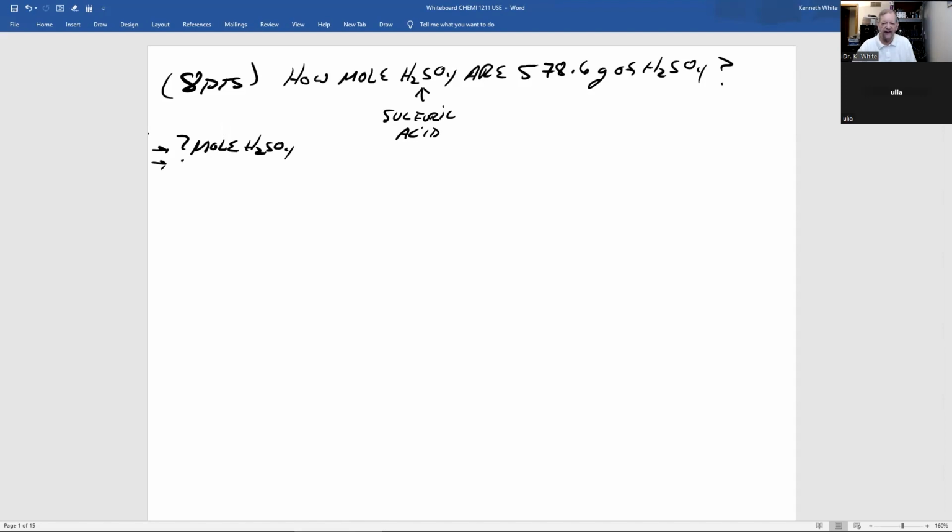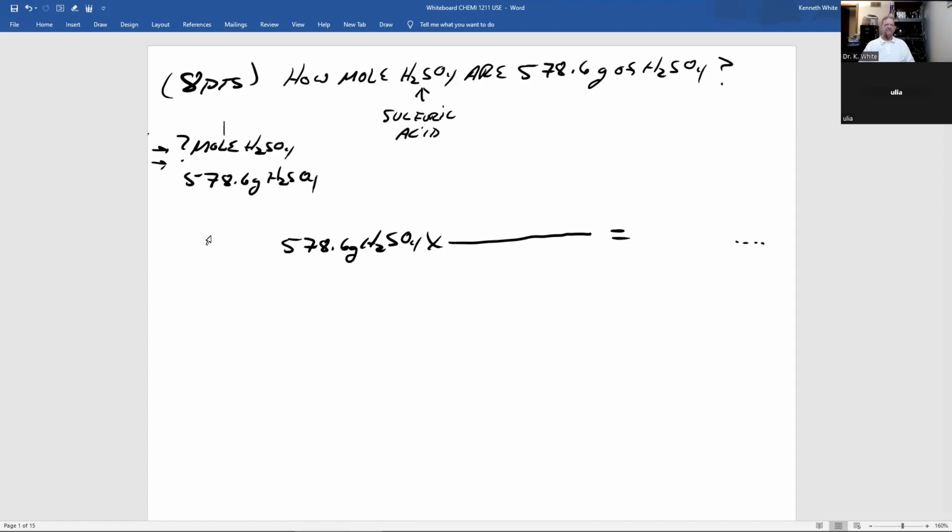What are we given? Well, how much sulfuric acid we have. The only number we have is this number, so that's what I'm going to start with. Now, if we had a ratio that can convert it, what units do we want our answer in? Your turn.